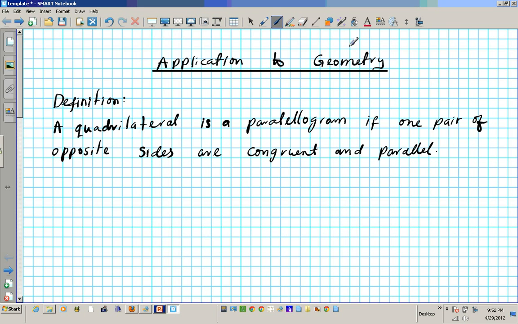Okay, so that's sufficient to show that a quadrilateral is a parallelogram.